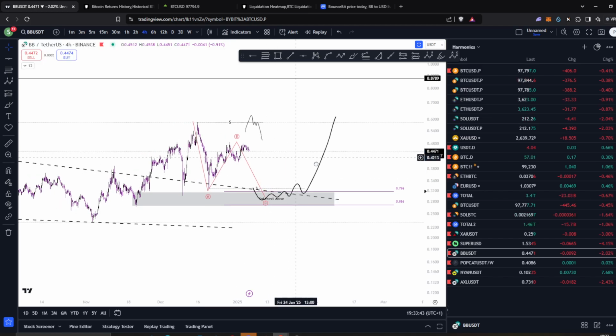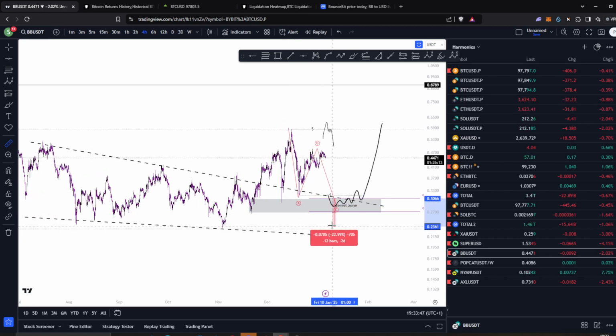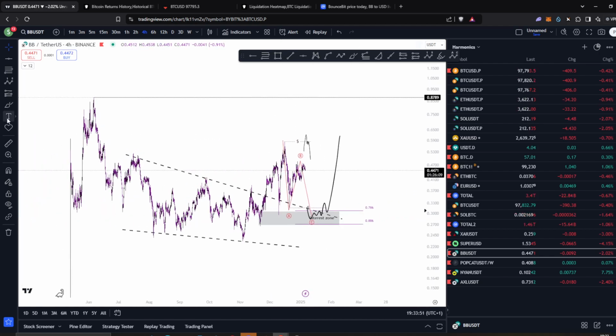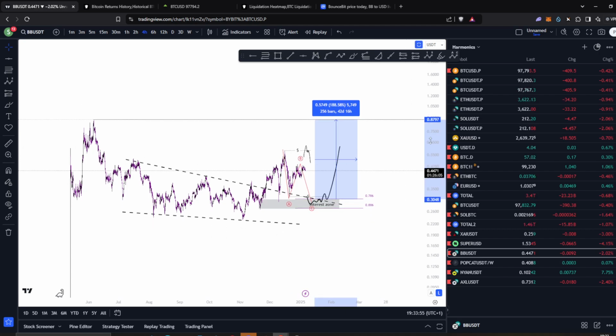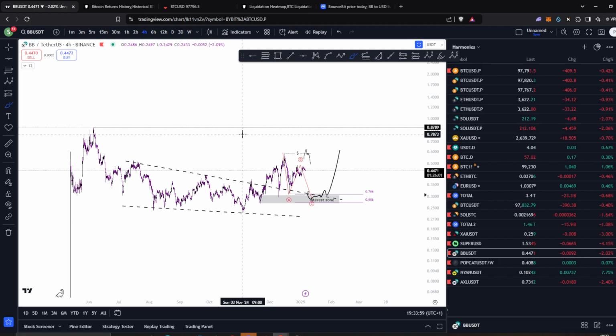I don't think the risk is worth it. But once you do come back here, your risk is pretty low. If you do break down, even you lose 22%. But if you start aiming for the highs, you're looking at around 3x, just back into previous highs, which is going to be around the 600 million market cap. So if you do see a bigger run on gaming coins, you're going to see higher than that.